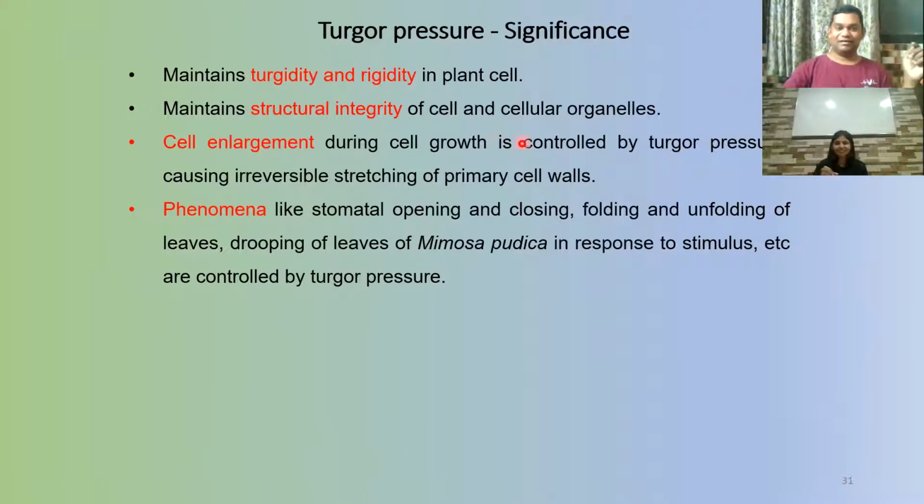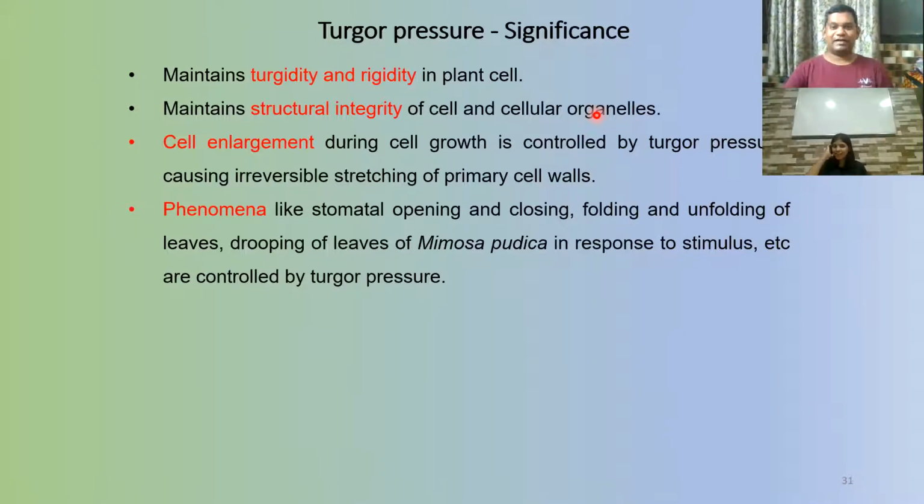Then secondly, because of turgor pressure, the structural integrity of the cell and its organelles is maintained. Structural integrity means the shape and the size of the cell. Not only the entire cell, even the organelles like chloroplast, mitochondria, vacuoles, they also have their own membranes.